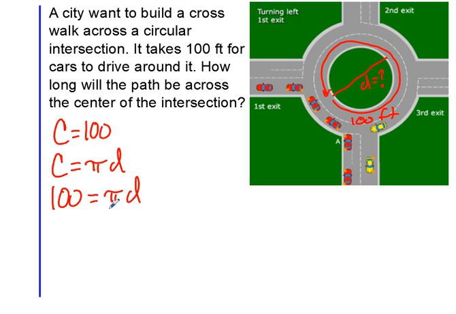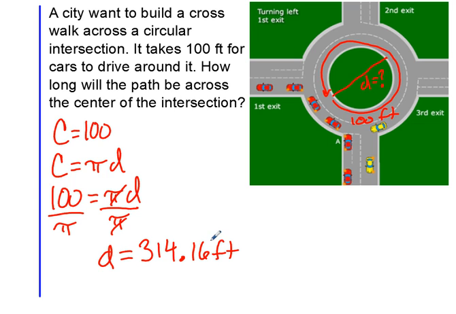So remember, pi is not a variable. It is actually a number, so we can divide by it. So let's divide both sides by pi. And now my diameter is going to be equal to whatever 100 divided by pi is. 100 divided by pi is 314.16 approximate feet.